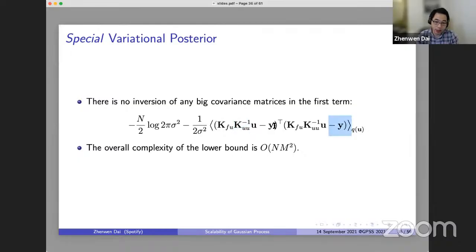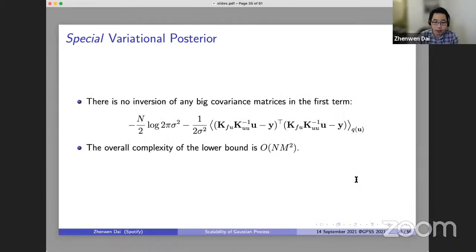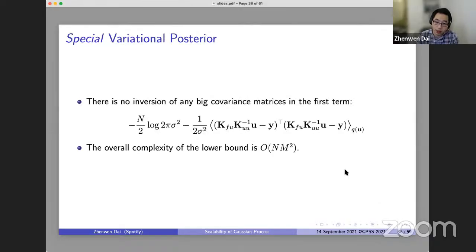So the first term can be computed with a complexity of n m squared. For the second term, the KL divergence of U, because U is only a vector of size m, this part has a complexity of only m cubed. Therefore, the overall complexity of this variational approximation is n m squared.